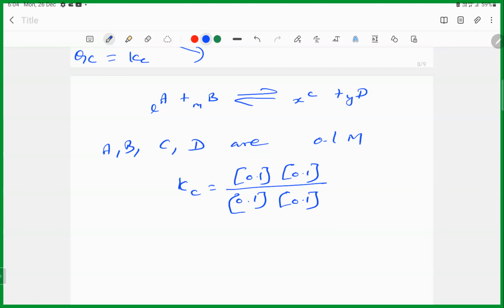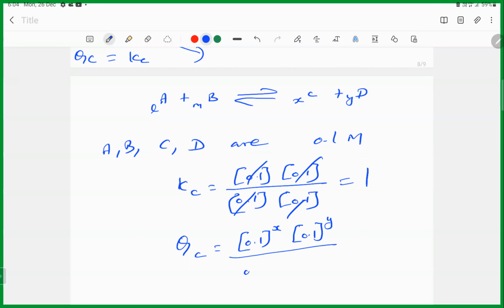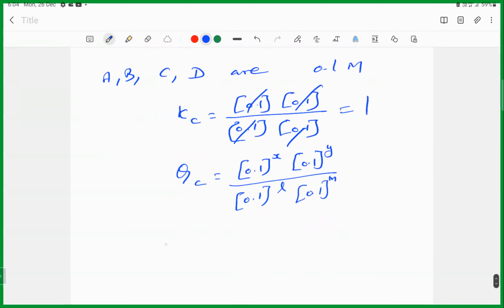Okay, wow. When you are cancelling, you will get the Kc value. Reaction quotient means 0.1 molar of X, 0.1 molar of Y, 0.1 molar of L, and 0.1 molar of M. We do not know the values of L, M, X, Y. Suppose they were in the reactions, then if you substitute it, it will definitely change.